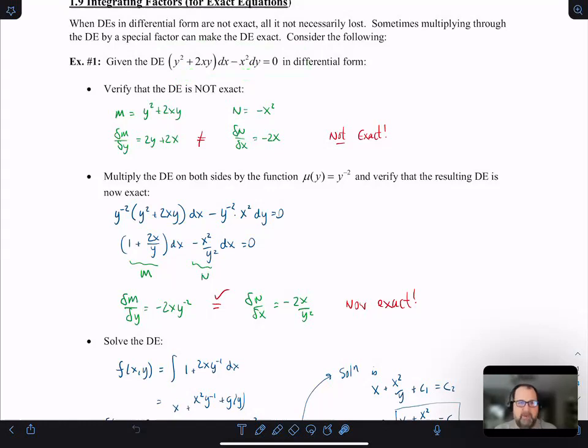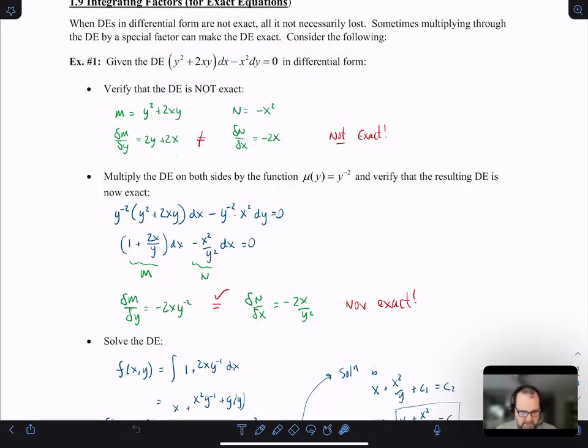If we take the M function and do partial differentiation with respect to y, we get 2y plus 2x. If we take the N function, minus x squared, and do partial differentiation with respect to x, we get negative 2x, and clearly this is non-exact. These are not the same function. They are not wildly different, but they are not exact.